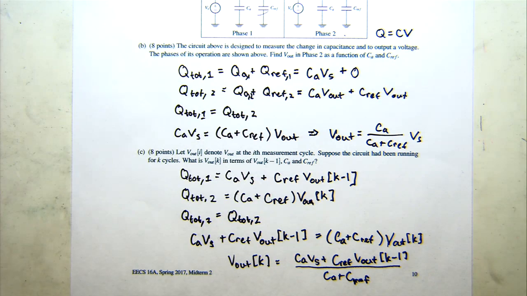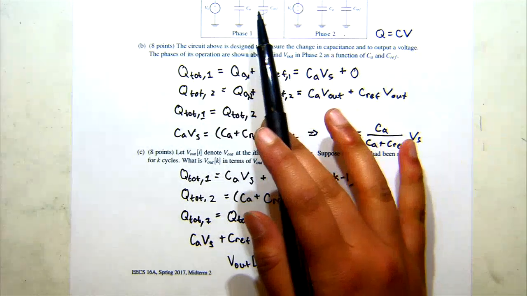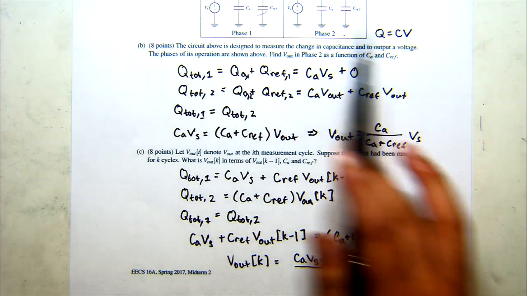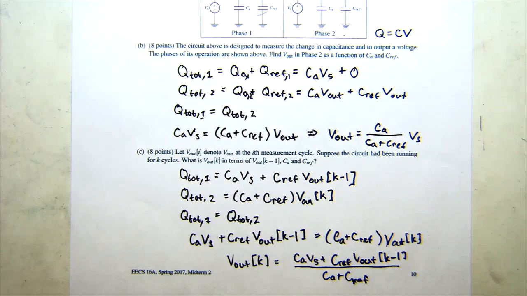We're told that it alternates between phase 1 and phase 2 and starts at phase 1. Yeah. Yes. So the full cycle is going to be like phase 1 to phase 2, and then we measure the V out there, and then we go back to phase 1.